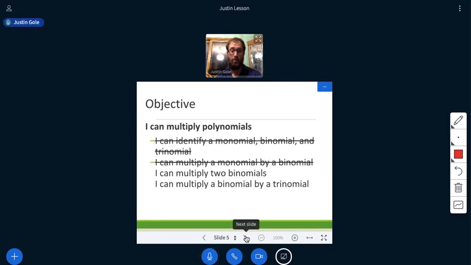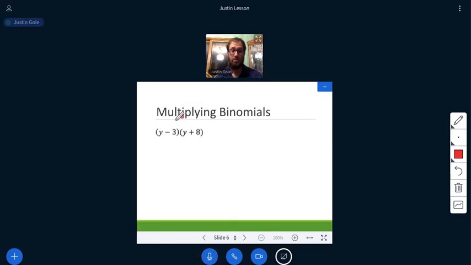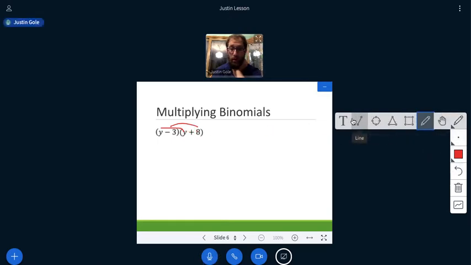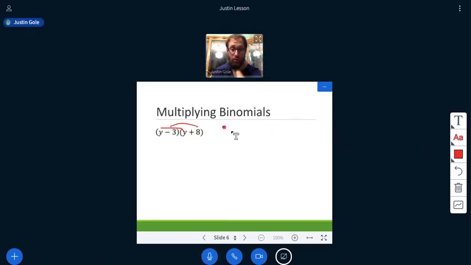Now I can multiply two binomials. You might remember this from earlier in the year. We just distribute everything. I'm going to multiply the first y by both terms, so we distribute the y first.